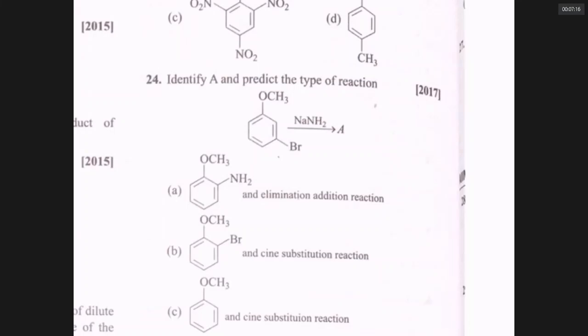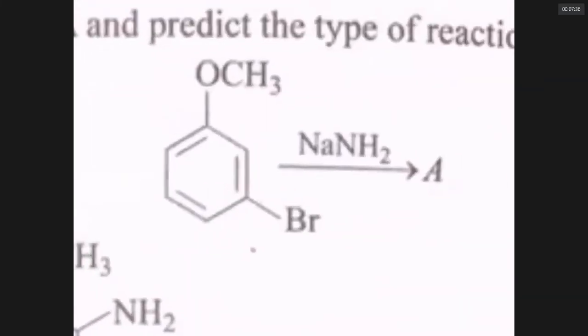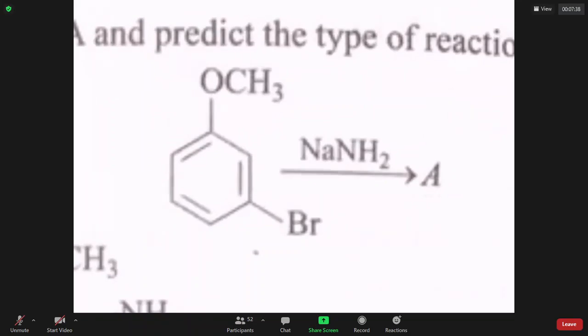That is called benzyne mechanism. NaNH2 is a very strong base, a million times strong base than NaOH. Sir, what is a base? A base is one which wants to take away H+. So when you take NaNH2, a very strong base, react with this type of compound, it is called as metabromoanisole.